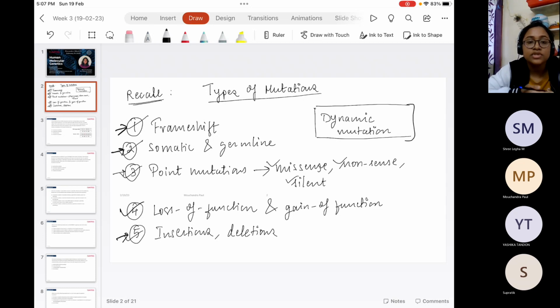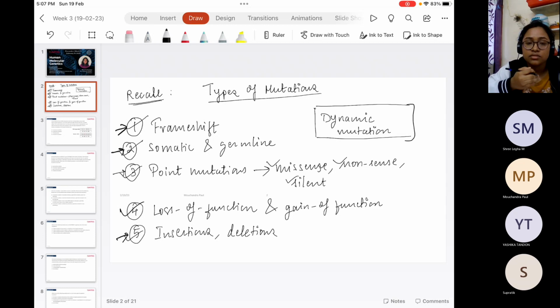So if a protein is supposed to act as an enzyme for a particular substrate A, now because of gain of function mutation, it is binding to another substrate, substrate B, right? So this novel function, this protein has gained. So it is gain of function mutation.